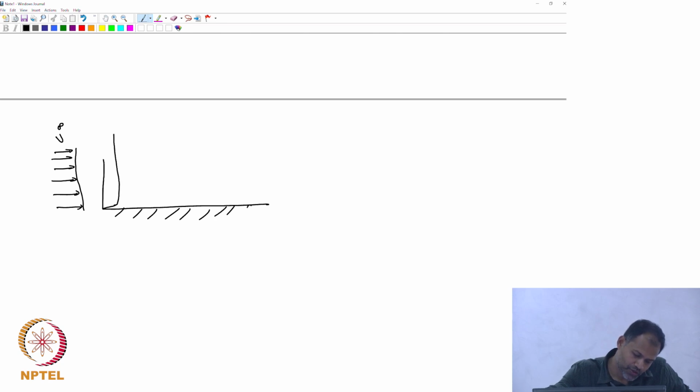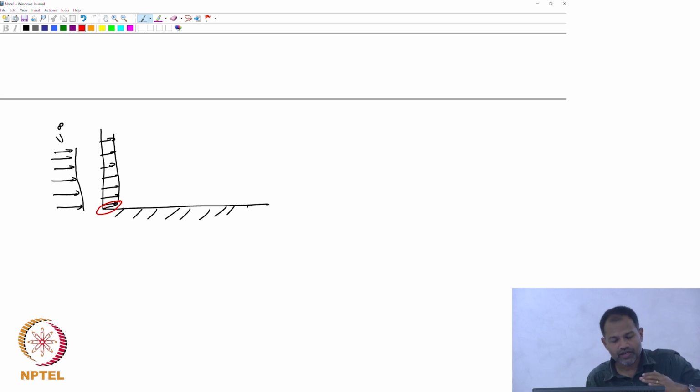So that's what the velocity profile is going to be. That small region is where it is affected by the solid plate, and everywhere else the velocity is u infinity.